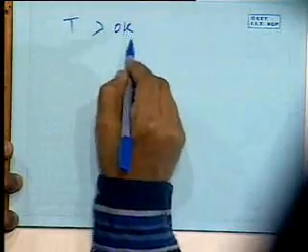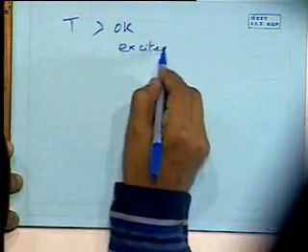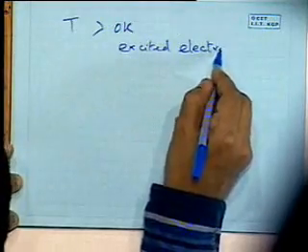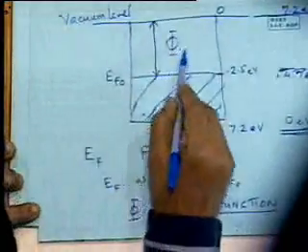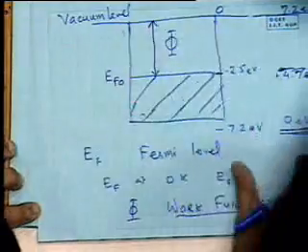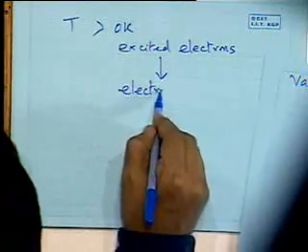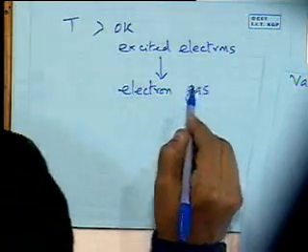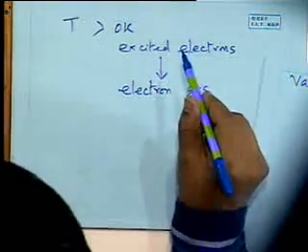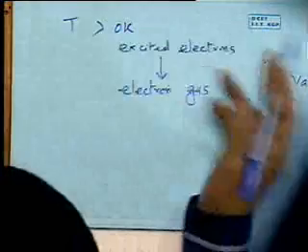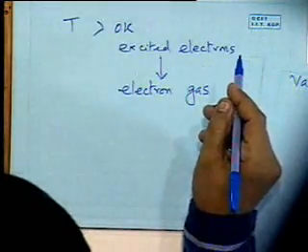When we excite electrons at T greater than 0K, the excited electrons that are there in these empty states form what is called an electron gas. The term electron gas is used because, sort of like gas molecules, they're free to wander around.